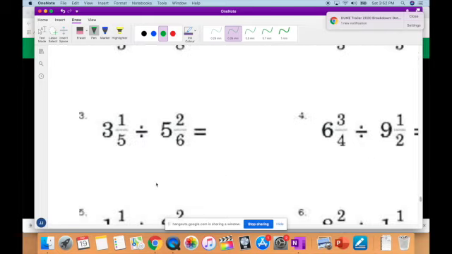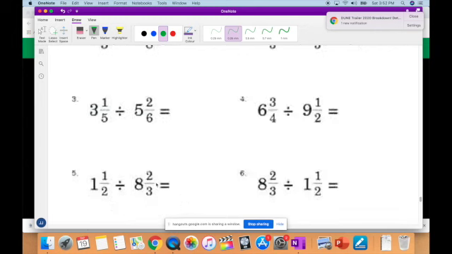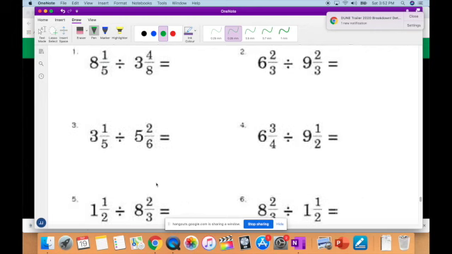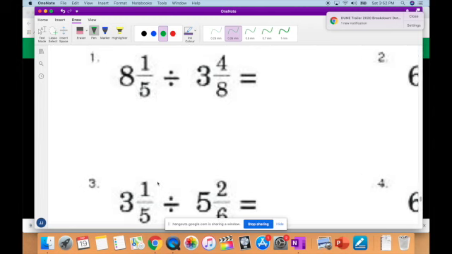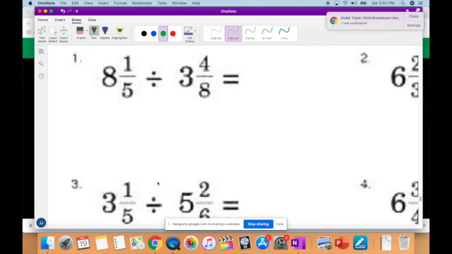Right. So all of these here is the same exact procedure. So I'll just do the procedure for the first one, and then I want Ollie to call the answers for all of the rest. So the first thing I would do is change to improper fractions. 5 times 8 is 40, plus 1 is 41 over 5, divided by 8 threes.